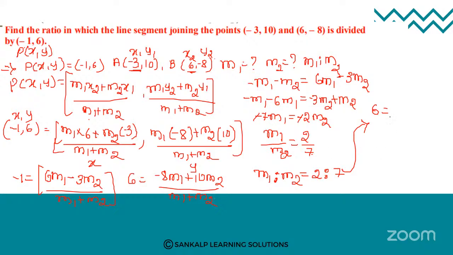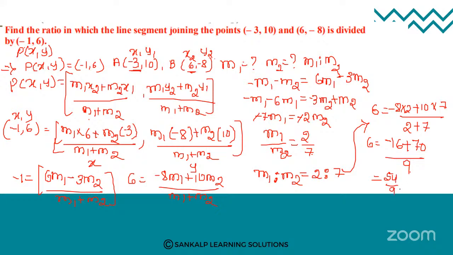What will I get? 6 is equal to -8 into M1 value is 2 plus 10 into M2 value is 7 divided by M1 value is 2 and M2 value is 7. So 6 is equal to 8 2s are 16 minus 16 plus 10 into 7 is 70 divided by 2 plus 7 is 9. 70 minus 16 is 54 divided by 9.